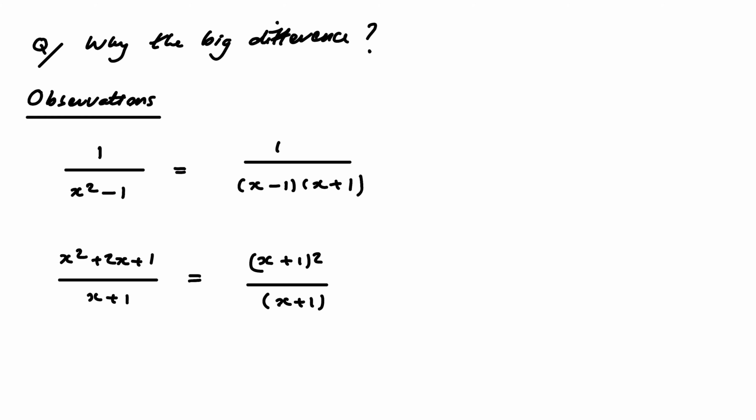So first of all, minus 1 being a 0 is to do with factors of x plus 1. At the top, there are 0 factors of x plus 1, and on the bottom, there's exactly 1. So there are more factors on the bottom than the top. Here, though, it's the other way around, isn't it?